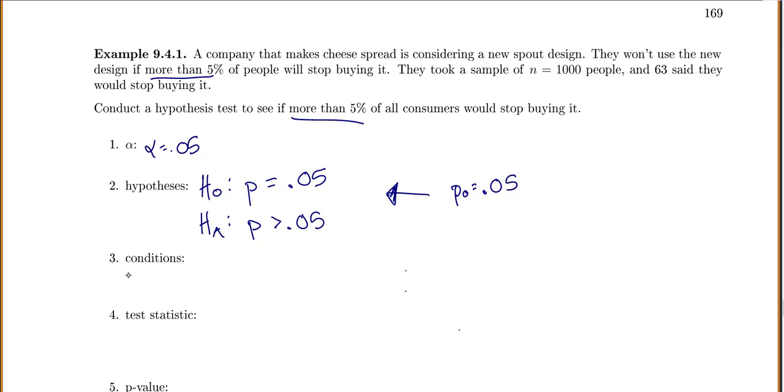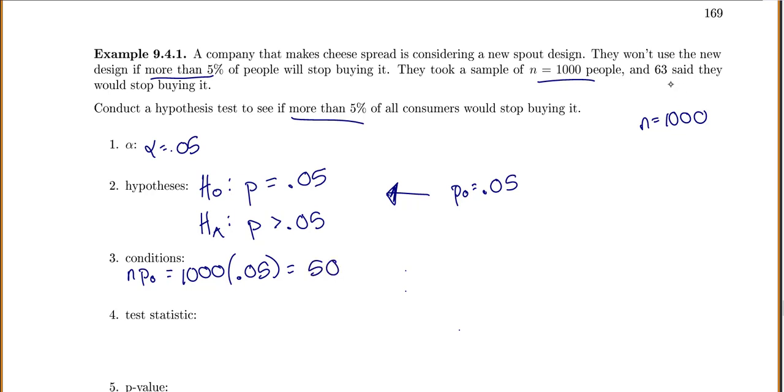That's important because for your conditions, you have to check n times your hypothesized proportion is at least 10. So n equals 1,000, would be 1,000 times our hypothesized proportion. And this gives me 50.